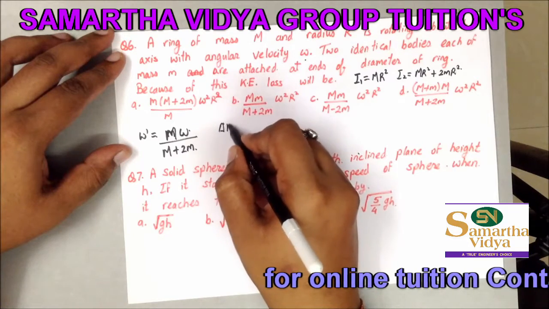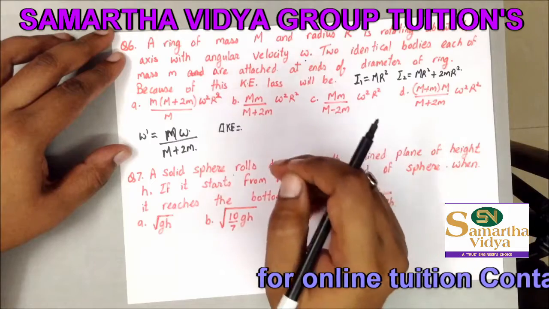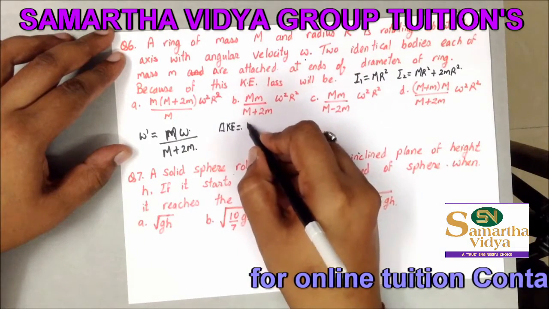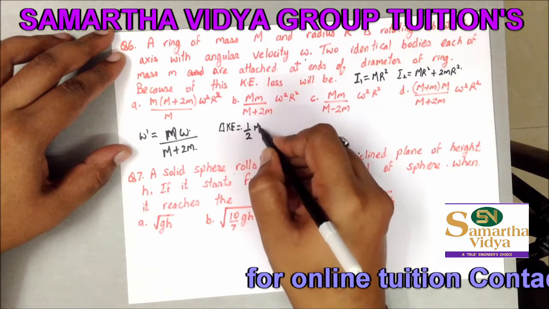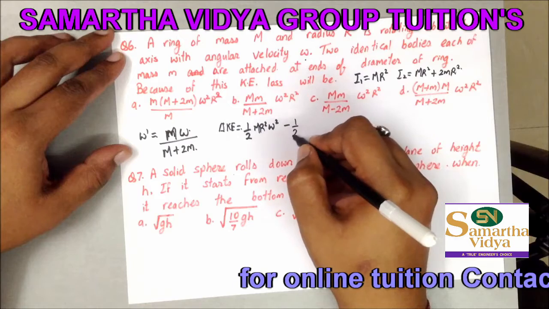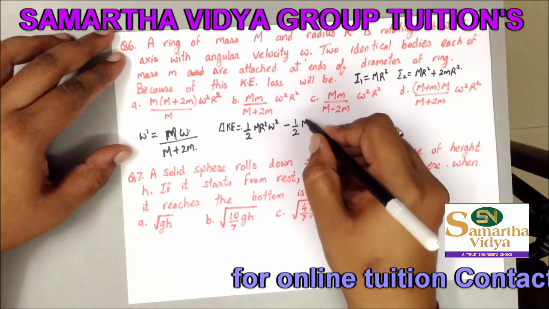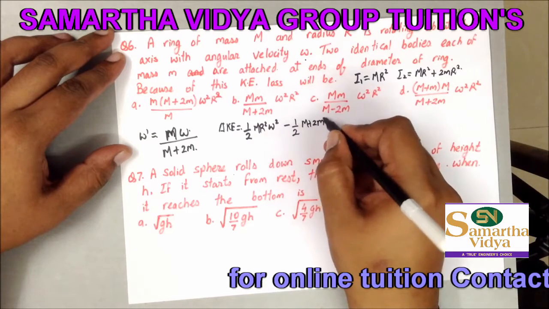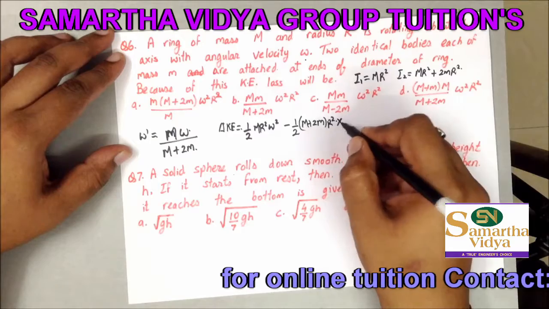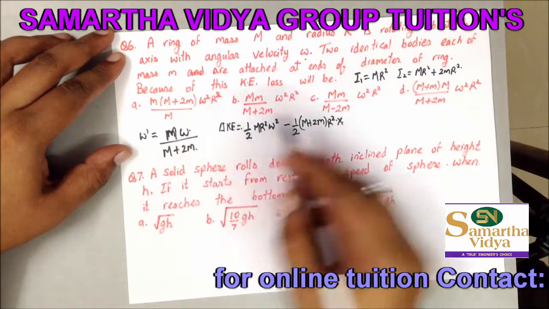Delta KE, because we are calculating loss, is the initial minus the final, so it is half MR square omega square minus half the moment of inertia, which is M plus 2m into R square, into the new omega, which we have calculated over here.